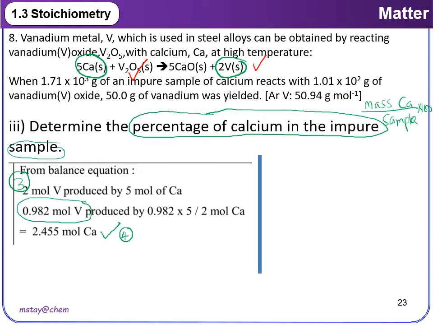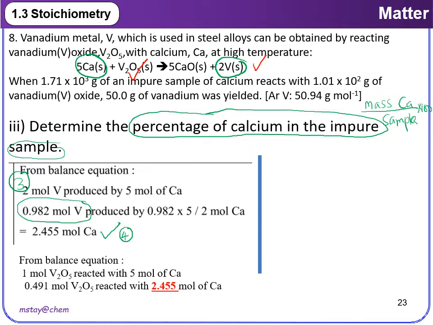However, we also can use vanadium 5 oxide compared with the calcium. So if we want to use vanadium 5 oxide compared with the calcium, you have to make sure the number of mole that you substitute here is the number of mole needed.